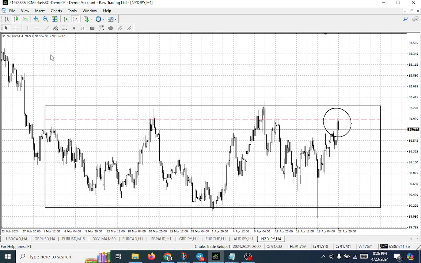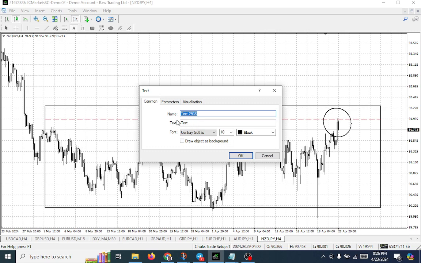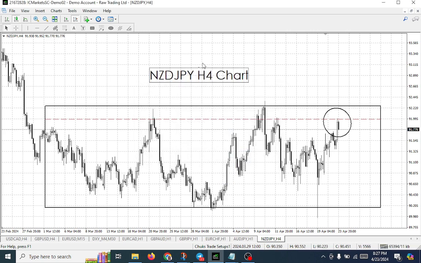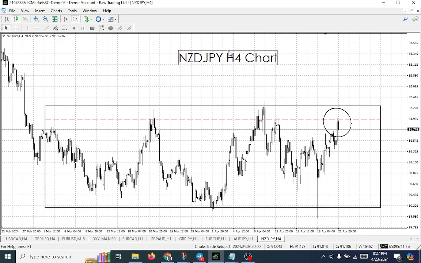While this is going on, let's bring out the currency pair for visibility. NZDJPY. This is the 4-hour chart. I do this because it's easier for my audience to see the currency pair that we're analyzing.